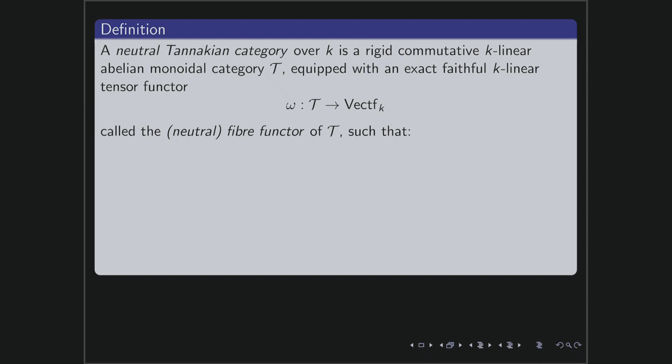Rigid just means that we have some notion of dual. Like, for example, in the category of vector spaces, Vect, we know that the dual is defined as the homomorphisms from V to K. And rigid just means that I have duals.